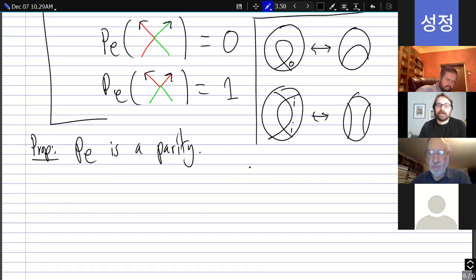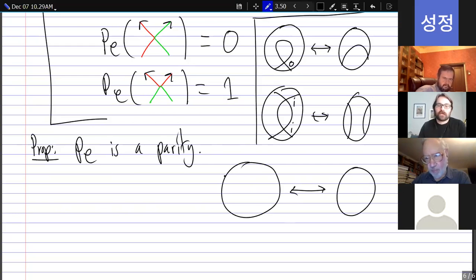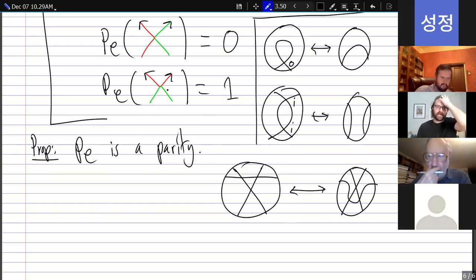And finally, the third Reidemeister move. What's the succinct way to write this? For a strong parity, you can just say that the crossing parities have to sum to 0, but the two color parity is not actually a strong parity. Essentially, I'll just say it in words.